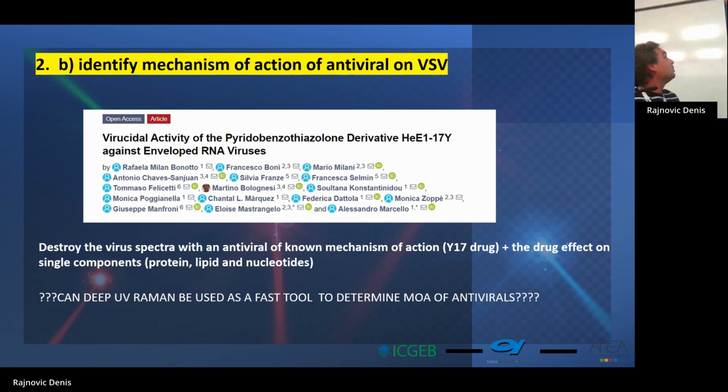So the second part: a similar procedure was used to identify the mechanism of action of an antiviral on the virus. For this purpose, I used a drug with a known mechanism of action, which my lab mates determined, that specifically targets the lipidic component of the virus. And I incubated not only with the virus, but also with the single components.